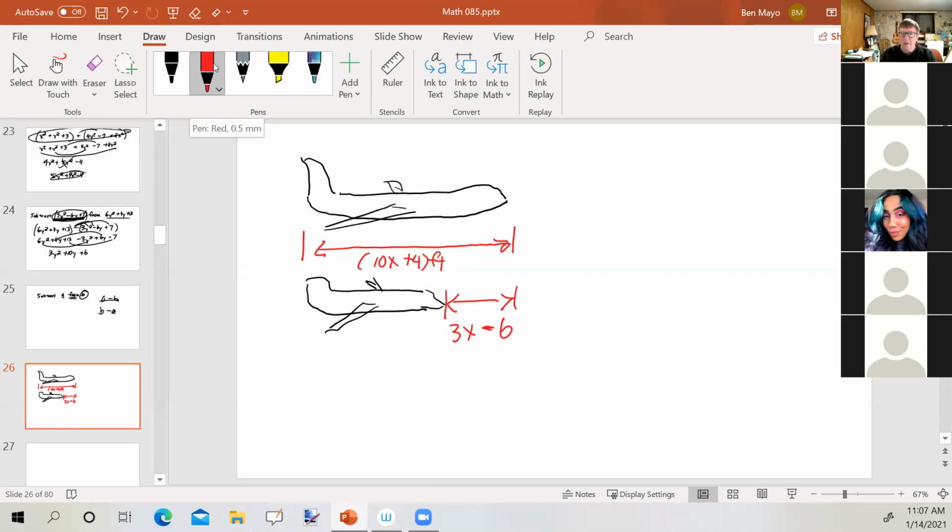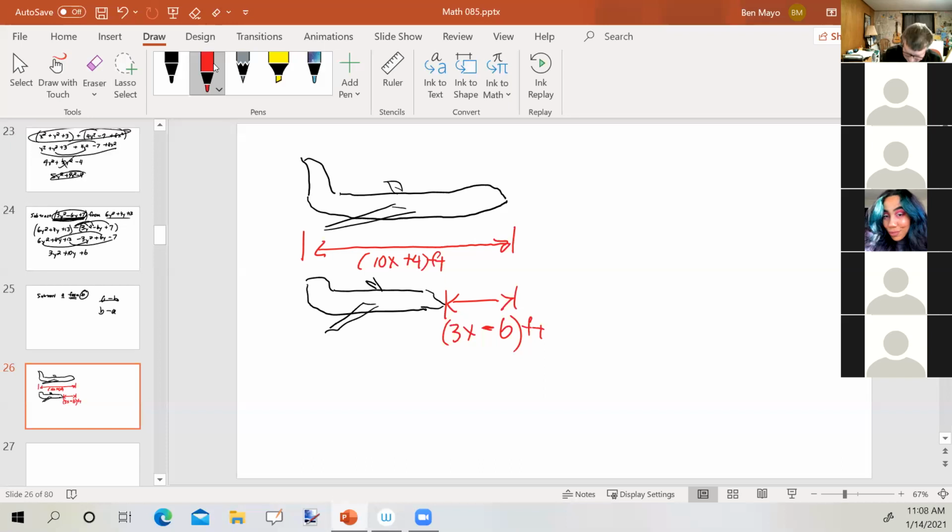Now, I want the length of the smaller jet. What am I going to do here? How am I going to find the length of the smaller jet? You're going to subtract. Yes, subtract what? The 3x minus 6 from the larger one. Good.